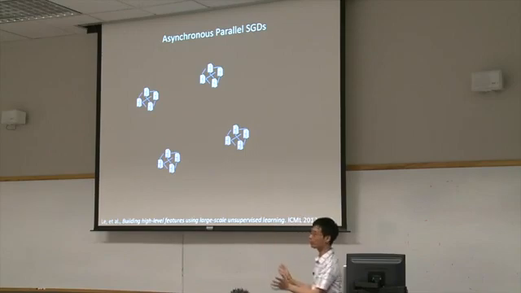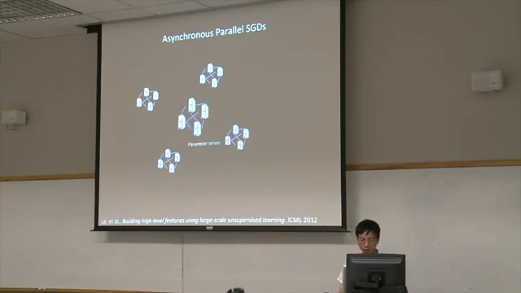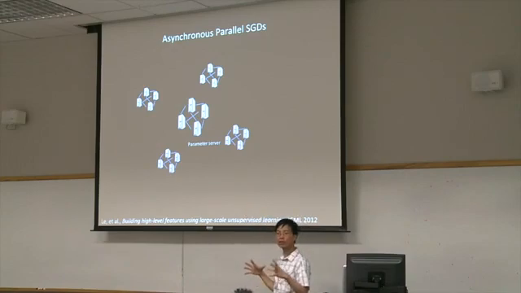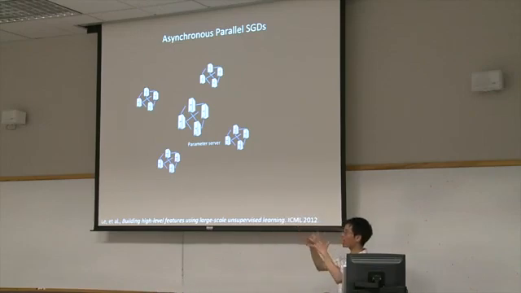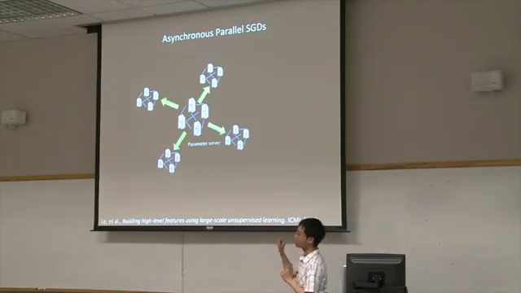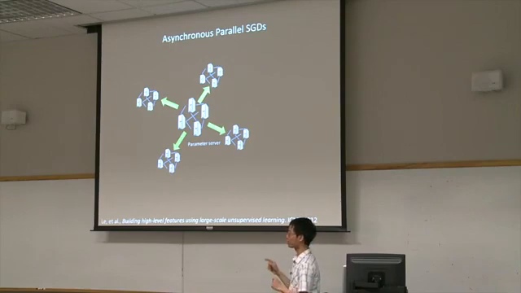So they train independently. Now we have something called a parameter server that keeps the latest state of the parameters, right? So this is the entire set of parameters that we have. And then every once in a while, the server will inform one of its slaves the current state of the parameter.